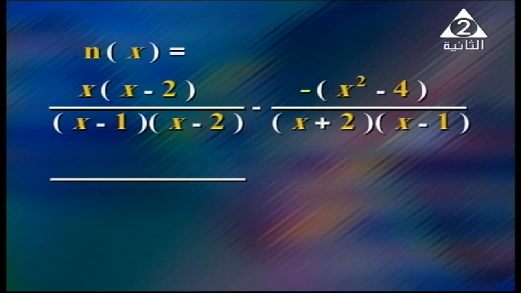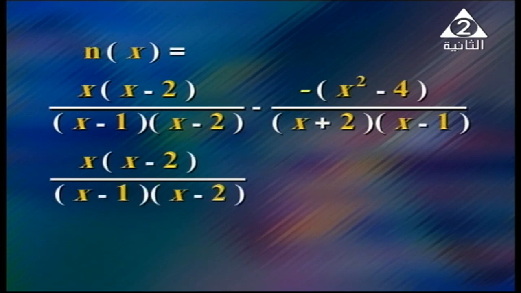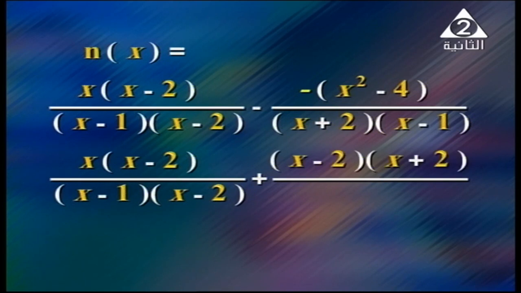Then you are going to write (x minus 2) over (x minus 1)(x minus 2). What about minus negative? Multiplied by each other, you are going to obtain a positive sign. Then by factorizing the numerator, it will be difference between two squares, so it is (x minus 2)(x plus 2) over the denominator, which is (x plus 2)(x minus 1).